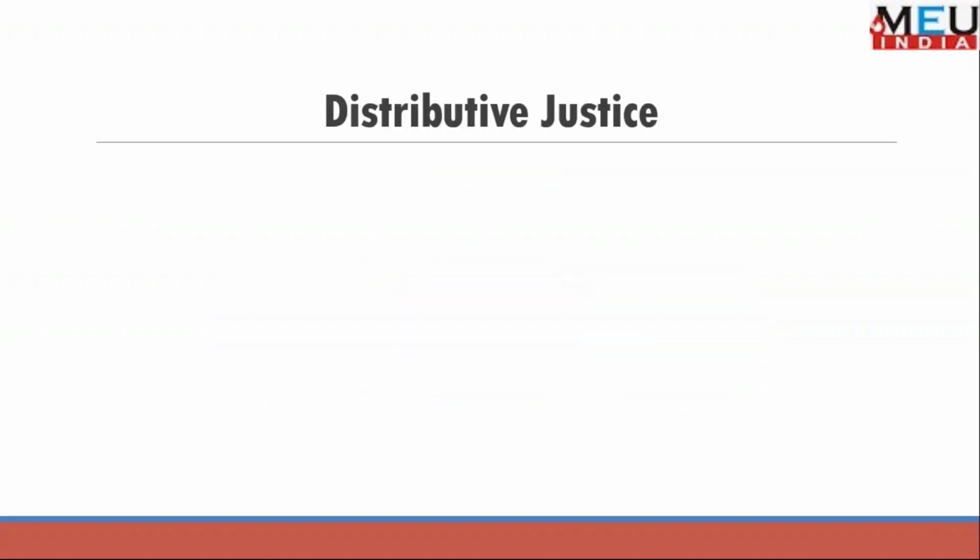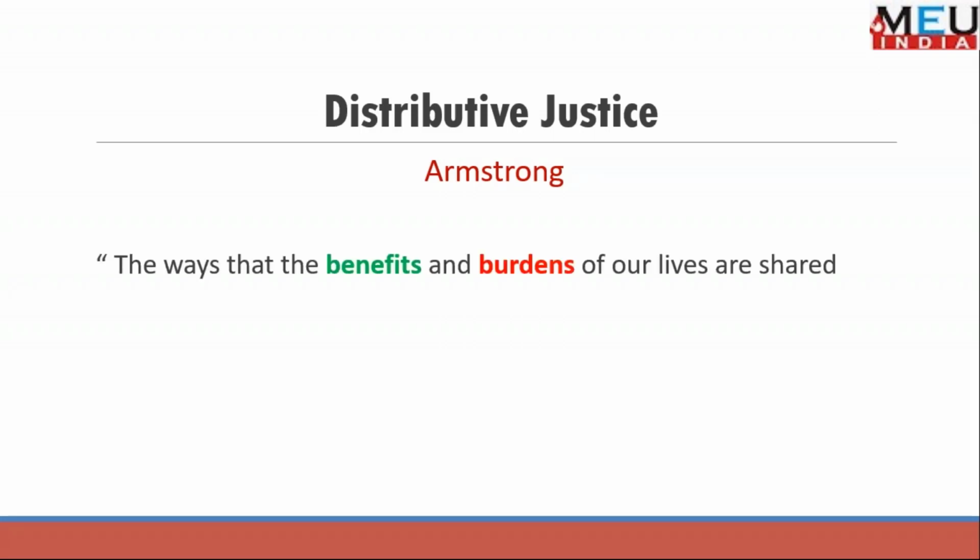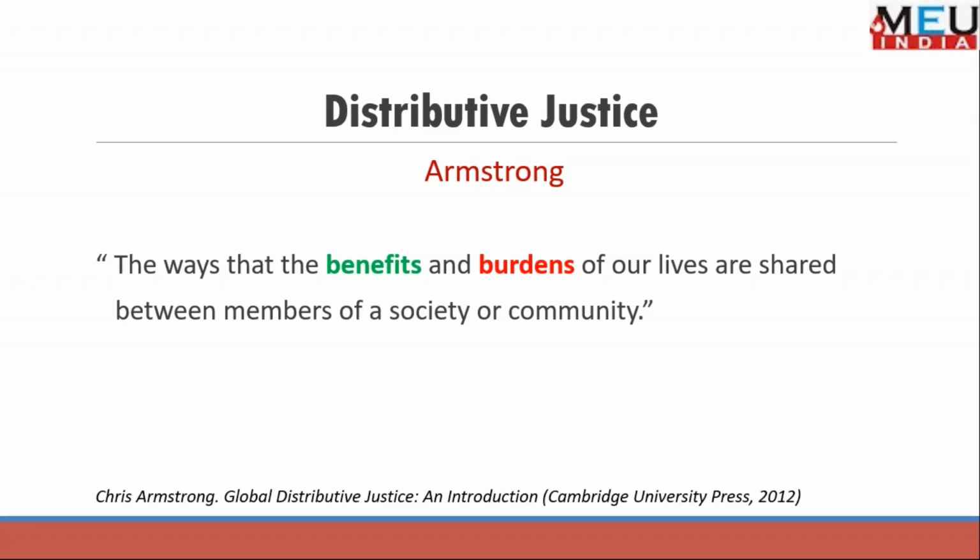So we come back to the most important type of justice, which is distributive justice. Armstrong says distributive justice, I'm emphasizing again, is the ways by which benefits and burdens of our lives are shared between members of a society or community.